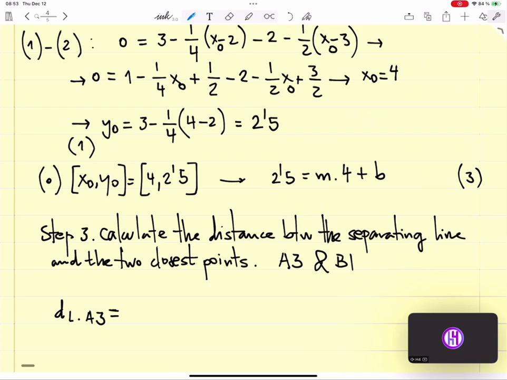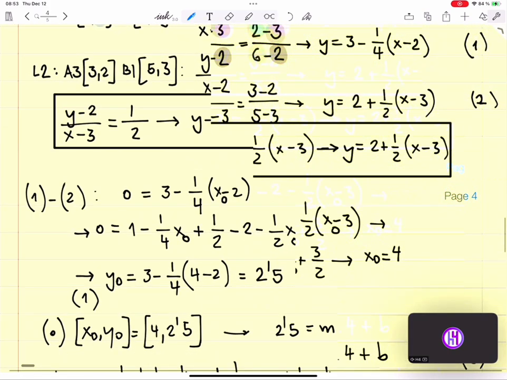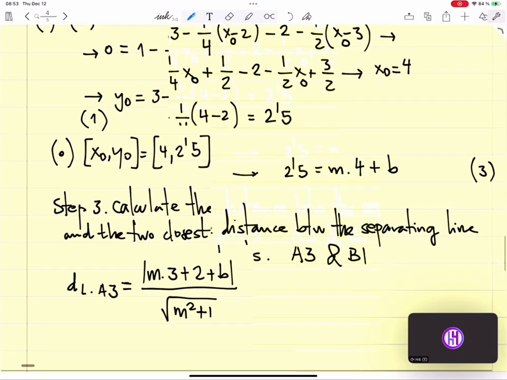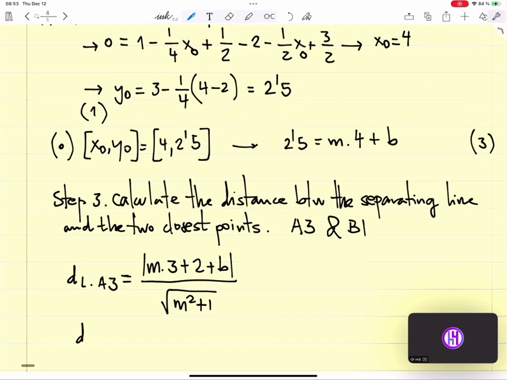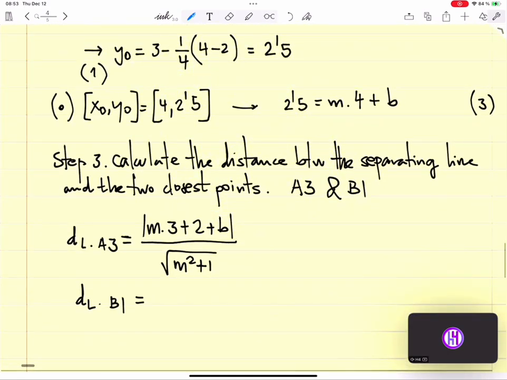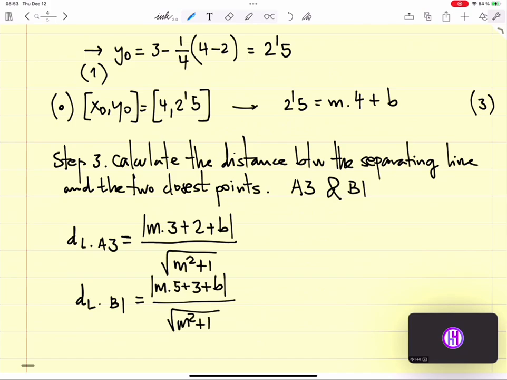Okay, so the distance between the line and the point A3, remember, is 3, 2, is m times 3 plus 2 plus b in absolute value divided by square root of m squared plus 1. And the distance between L and B1, B1 is 5, 3, should be m times 5 plus 3 plus b divided by square root of m squared plus 1.